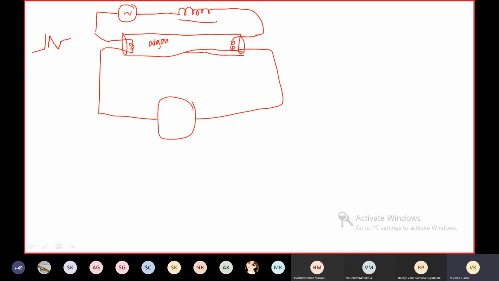You're going to have a neon lamp like this, and a capacitor is connected across this lamp.